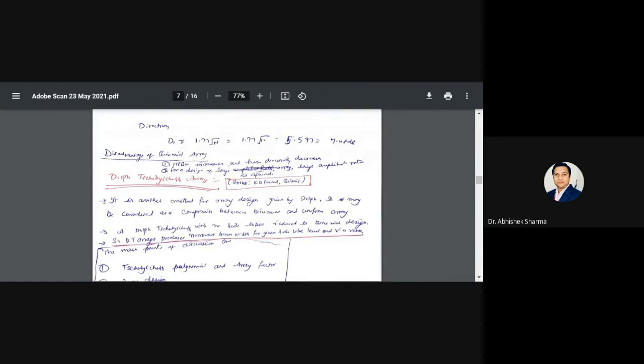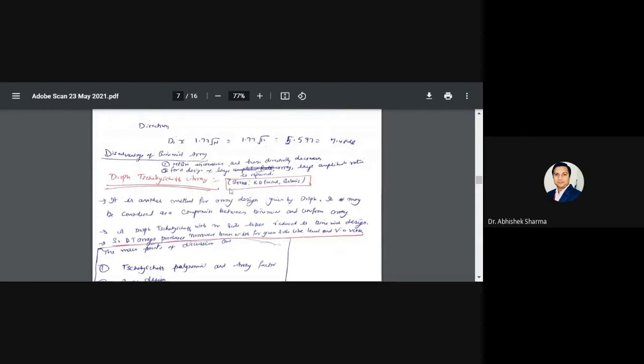If half power beamwidth decreases, then side lobe will increase and vice versa. So Dolf-Chebyshev array produces narrower beamwidth for a given side lobe level and vice versa. Either your side lobe level will be given and it will produce a beamwidth, or beamwidth will be given and it will produce a side lobe level.